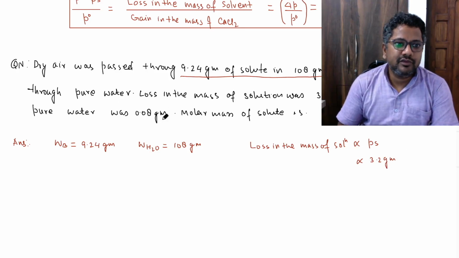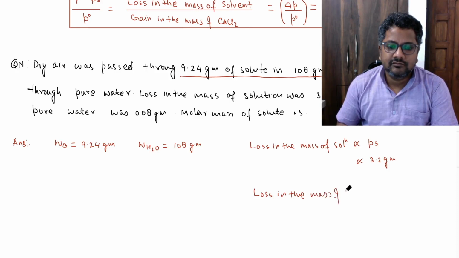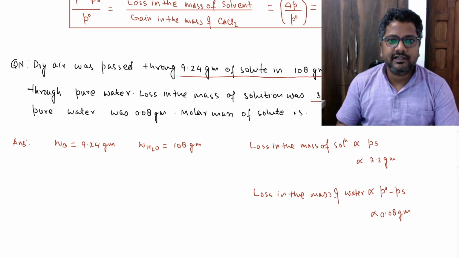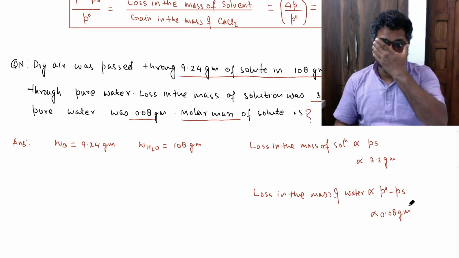And for pure water, the loss in the mass of pure water is directly proportional to P naught minus PS, and it is 0.08 gram, right? So it is clear from this data what is given here. What is asked? Molar mass of solute is asked, means MB is asked.